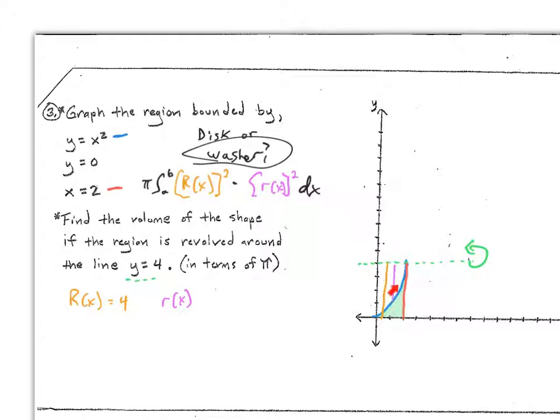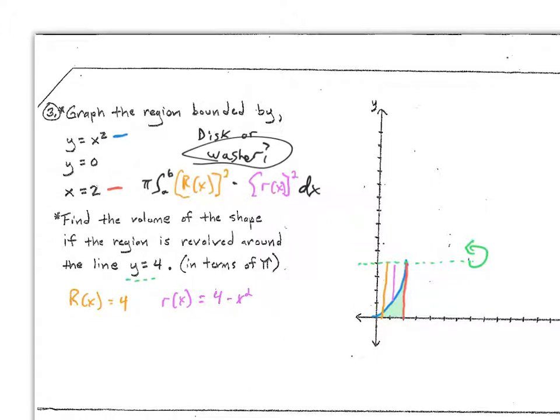But what we need to do to get the correct distance is take out this green area right here in order to get the right little r. Well, how do I remove that green area? That's easy to do because the green area is represented by the blue curve, y equals x squared. So I'm going to say that my little r of x is 4 minus x squared.